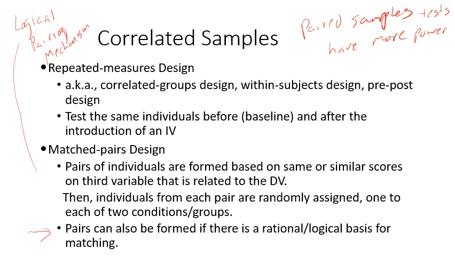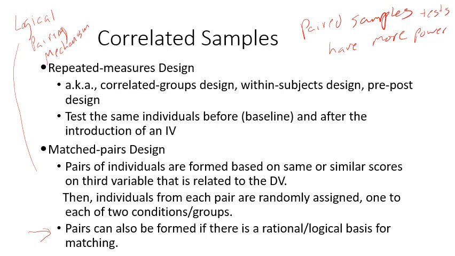So you assign the men to one condition and the women to another condition, but you've got a logical pairing mechanism. There's some mechanism that pairs them together that makes it so you can say this individual from sample 1 is tied to this individual from sample 2. We have them paired. So the individual from sample 1 is paired to the individual from sample 2.